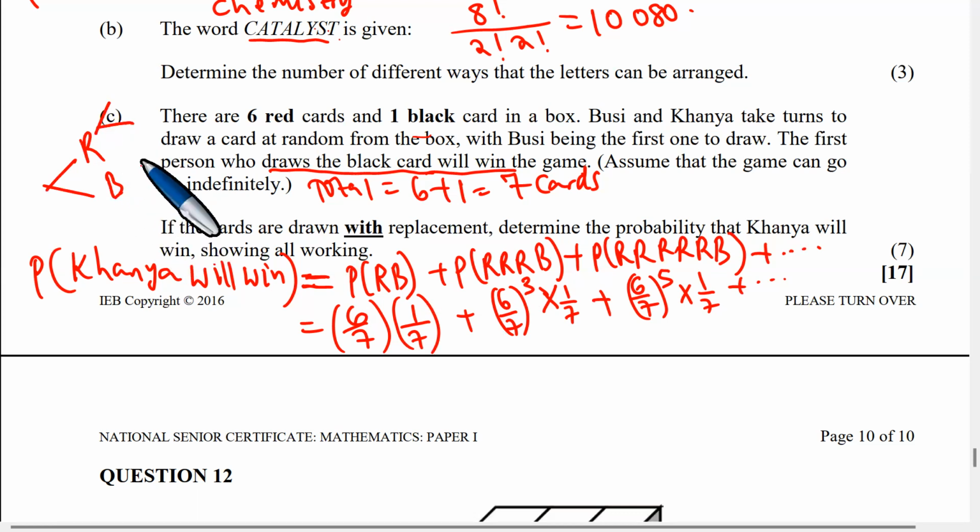And then you'd have the second draw, also red or black, and so on. So you have those red or black outcomes.